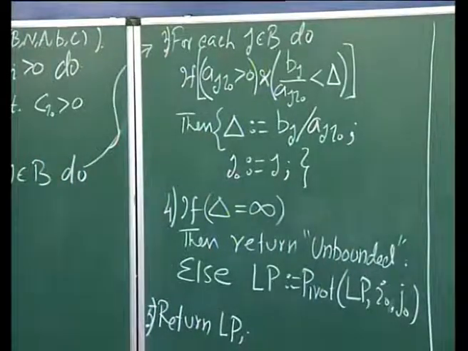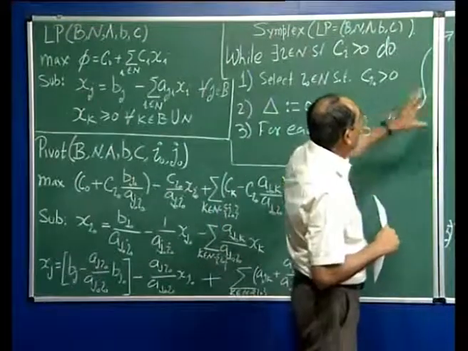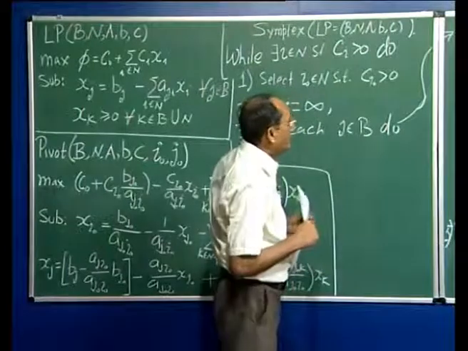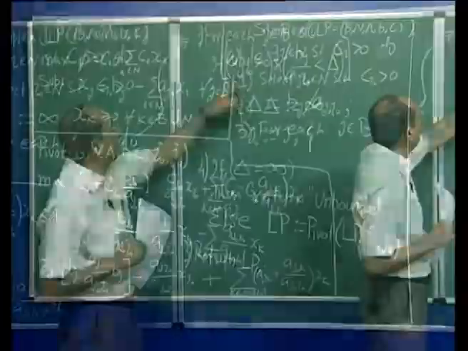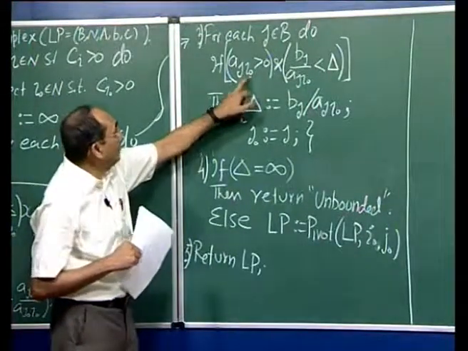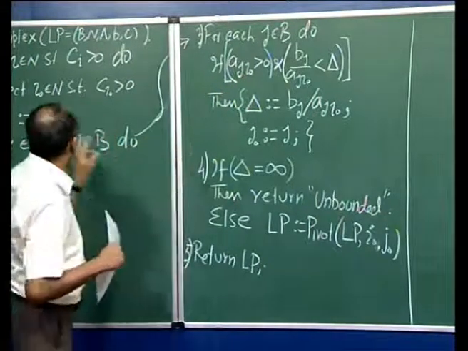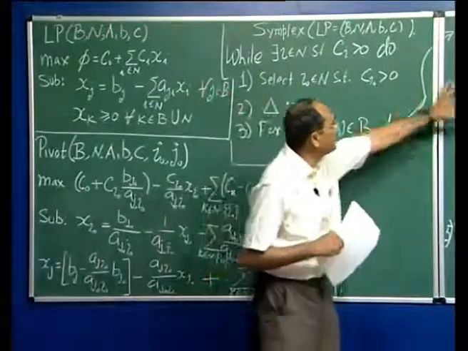Now, what exactly does this step do for us? This step checks whether there is at least one j such that aj I0 is positive. If all of them are 0 or negative, then this variable delta remains infinite because we never execute this step.